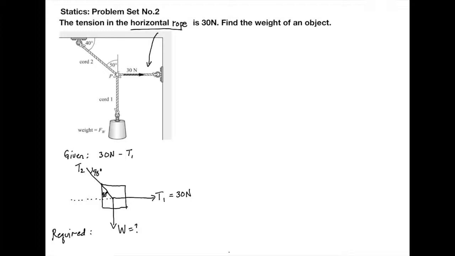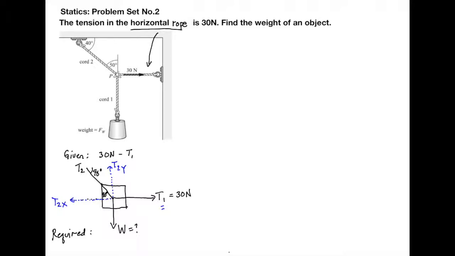And then therefore, we could take note that we have also the y component, which could be represented as T2y, and the other one would be the x component, which could be represented as T2x. Now, take note that we don't have the value of the vertical component of the T1.